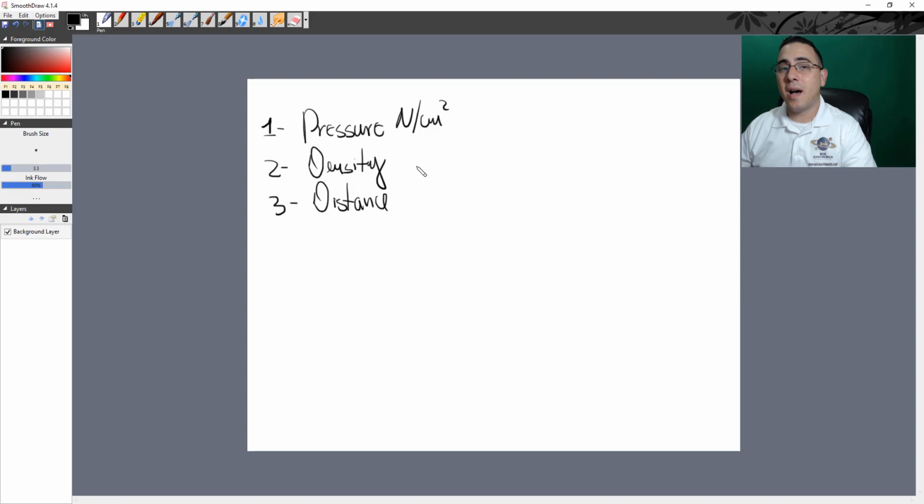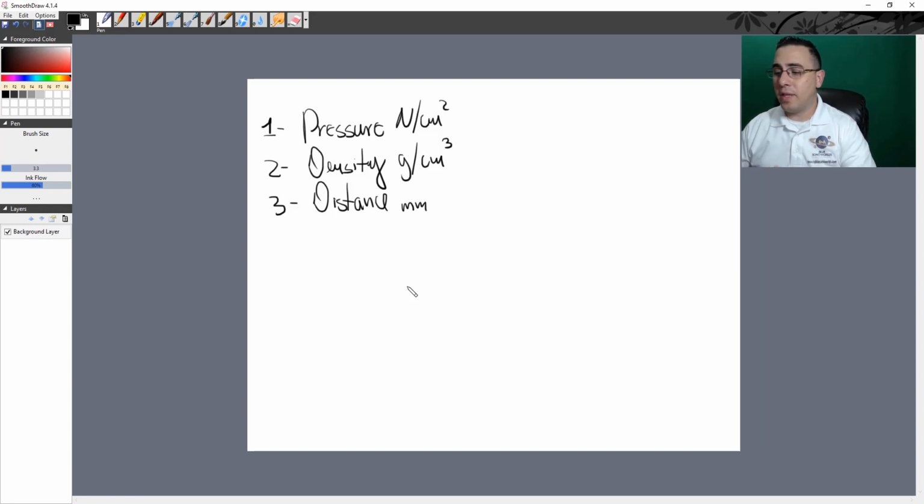Density is how much mass we're able to concentrate in a volume, and that's why we use the units of grams per cubic centimeters. And distance is basically distance. How far is something from a point? And for distance, we're going to use millimeters, centimeters, right? So distance, remember, is the same as particle motion.